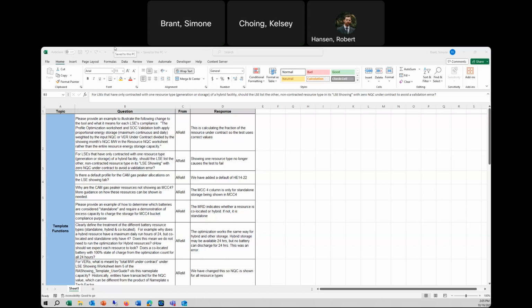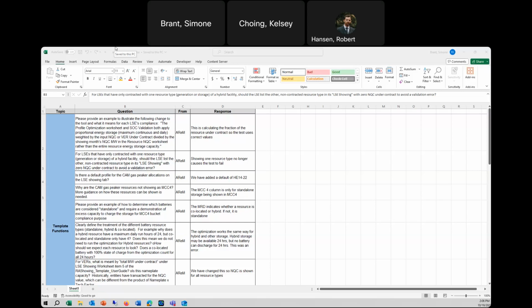So we decided to make the assumption that the available energy to a storage resource under contract would be proportional to the contracted power capacity and to scale the energy storage accordingly. That's what this equation lays out.